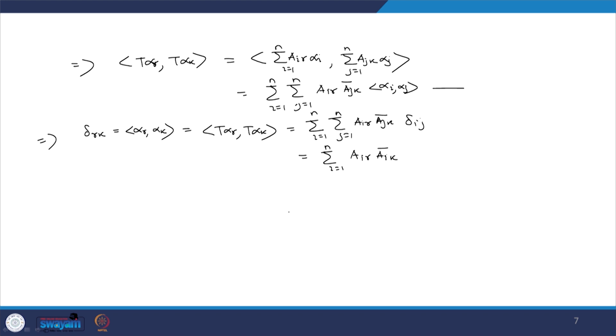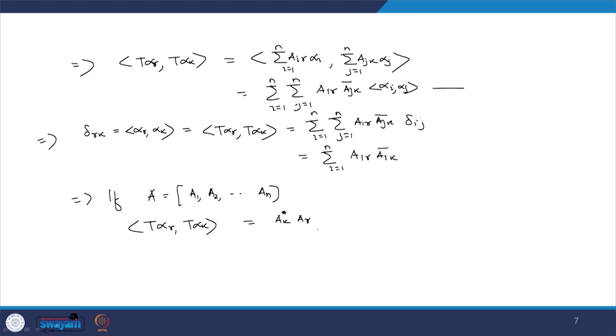So, if the matrix A has columns A1, A2, up to AN, then the inner product of T alpha r and T alpha k equals A k star into A r.